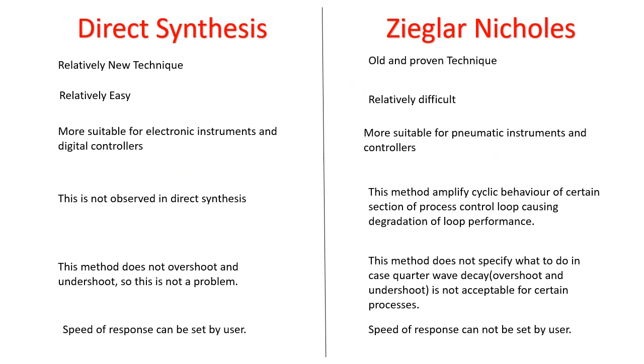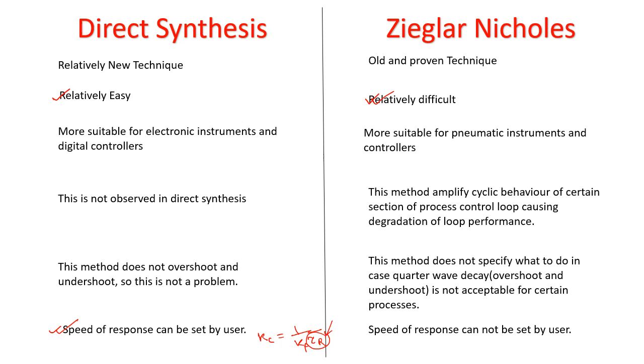Other things are also relatively easy in the direct synthesis, while Ziegler-Nichols is relatively difficult, and the speed of response can be set by the user in the case of the direct synthesis method. So you remember Kc was Kp divided by the tau ratio. Now the tau ratio sets the speed of the system, but there is nothing of that kind in the Ziegler-Nichols technique.